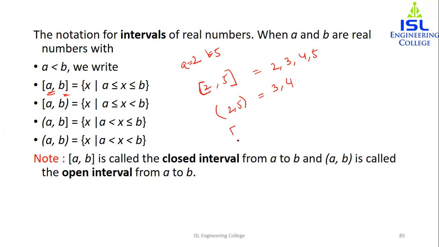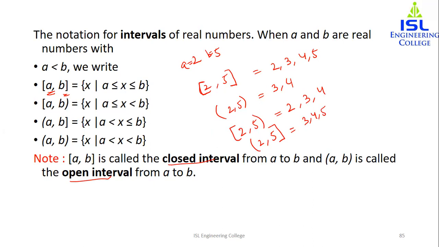Similarly, if we start with a square bracket and end with a rounded bracket, we include 2 but not 5, so 2, 3, 4. And vice versa, starting with a rounded bracket and ending with a square bracket, it will be 3, 4, 5. The two terms to be remembered are closed interval and open interval.